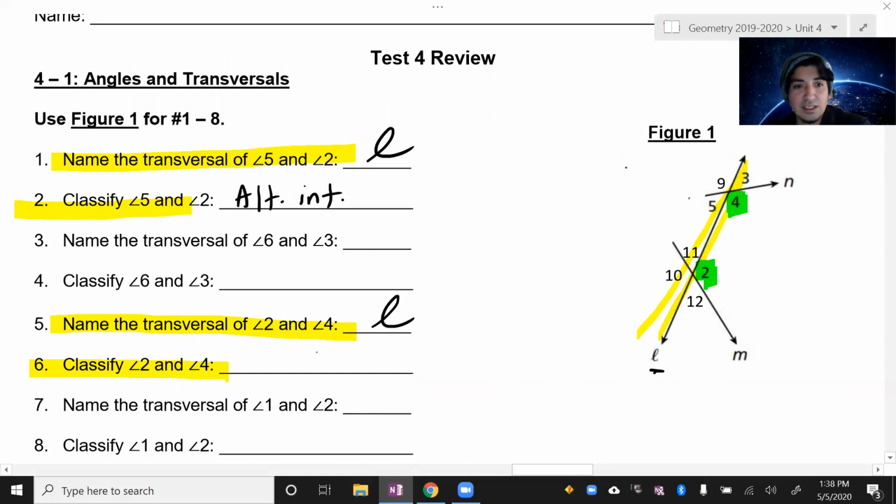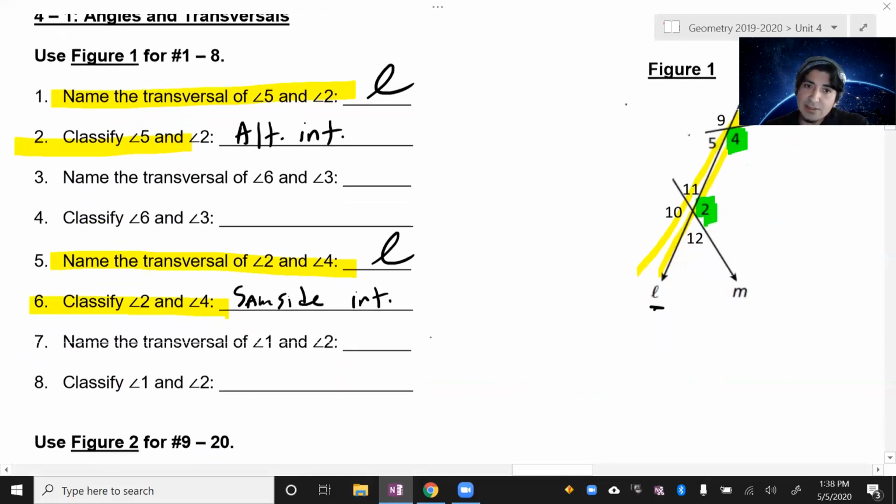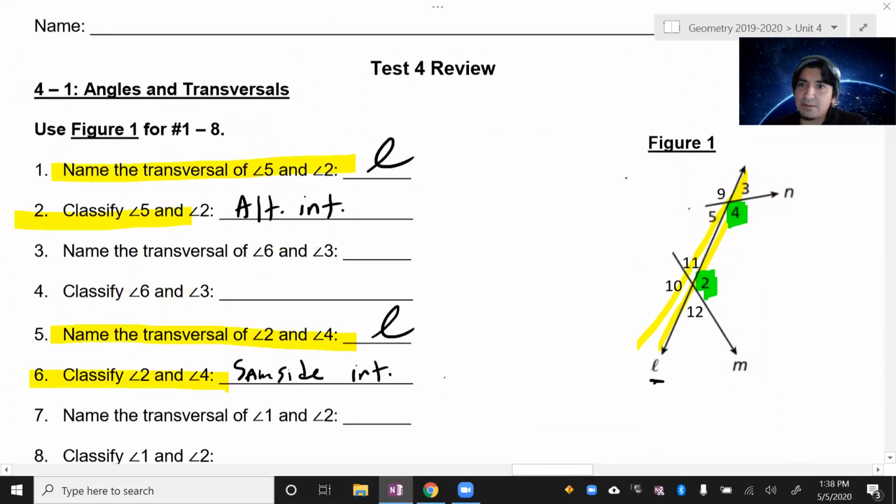So 2 and 4 would be considered same side interior. This is for lines that are not parallel in this case. So as you're going with it, just be careful in what you're seeing.